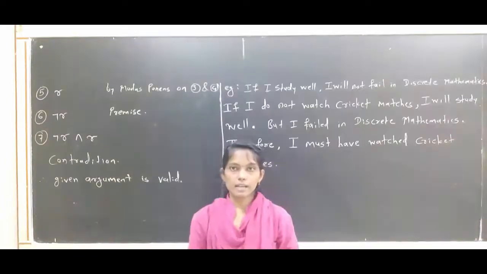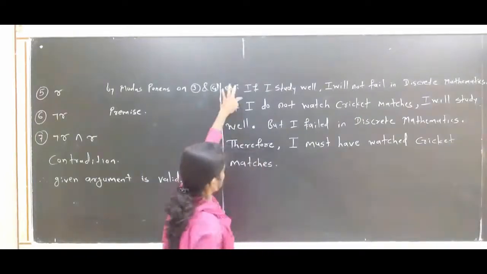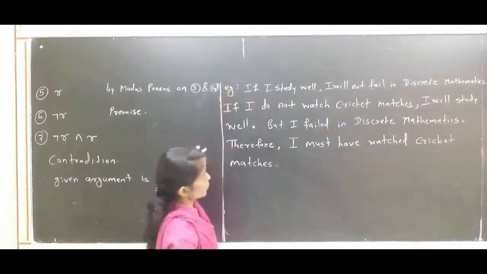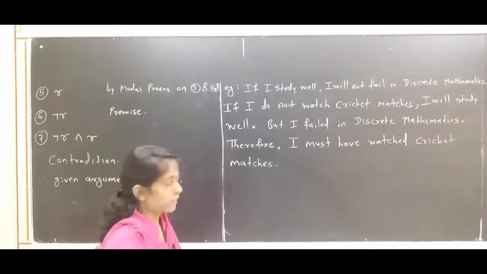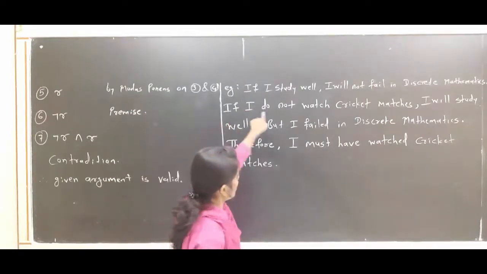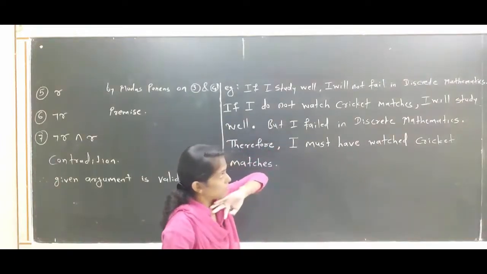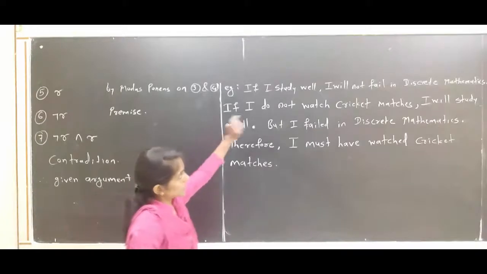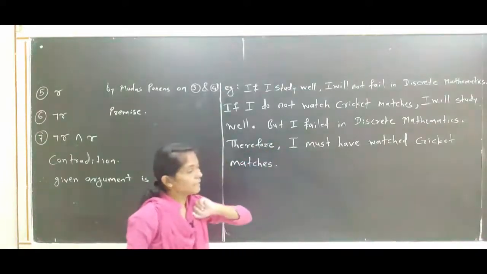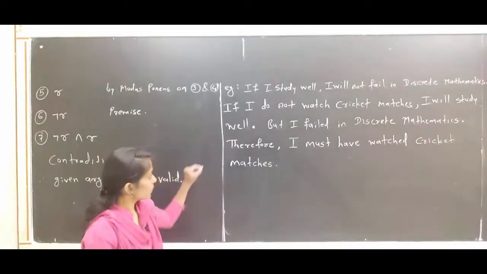Now the next example, see here. If I study well, I will not fail in discrete mathematics. If I do not watch cricket matches, I will study well. But I failed in discrete mathematics.